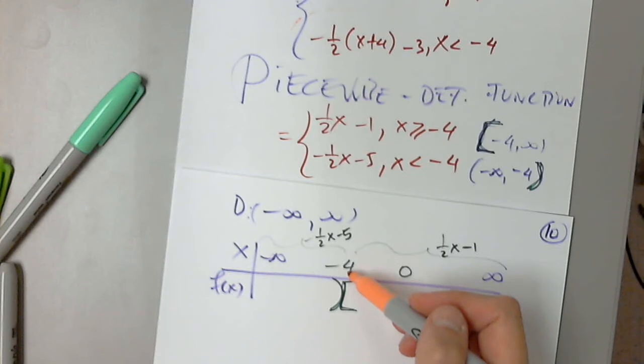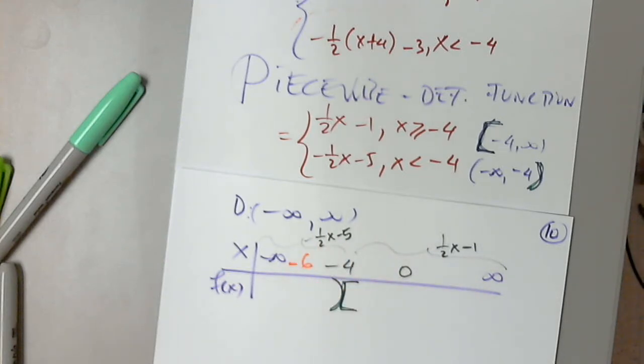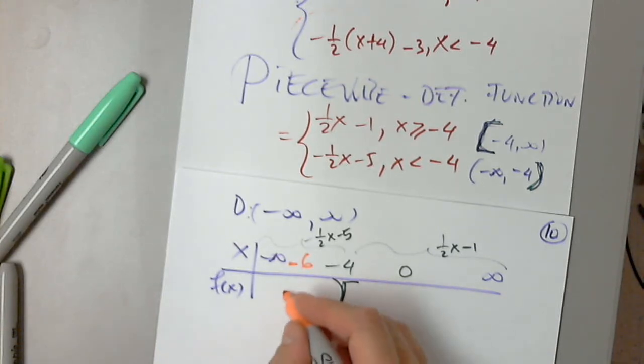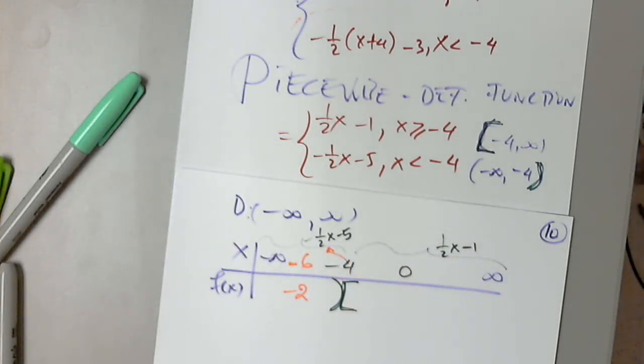So -4 and -6 will work nicely. -6 times -1/2 is 3. And 3 minus 5, -2. Please plug in -4. -4 times -1/2 is 2. And 2 minus 5 is -3 inside the parenthesis.